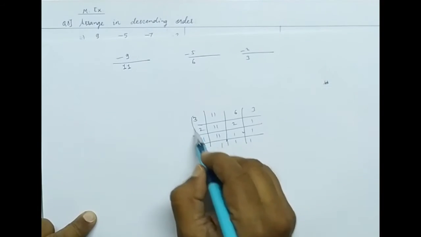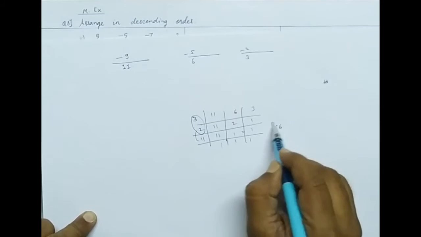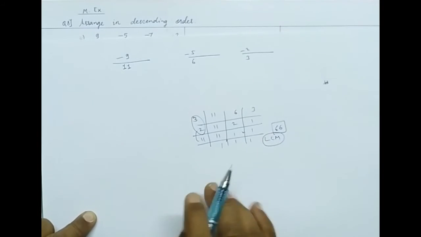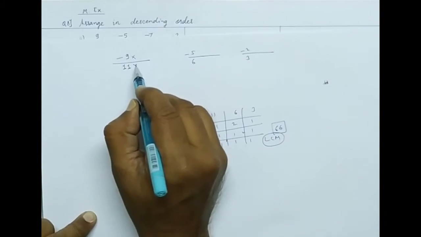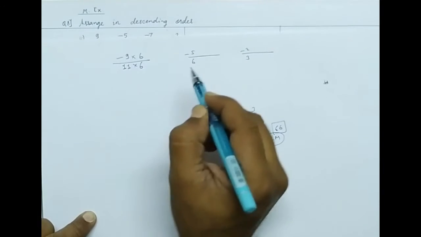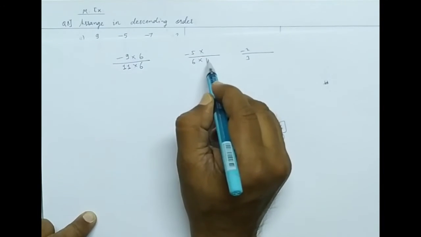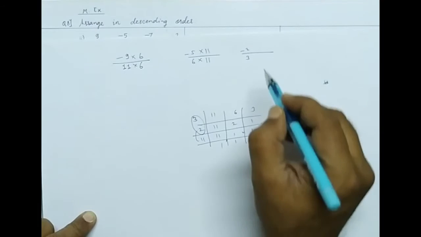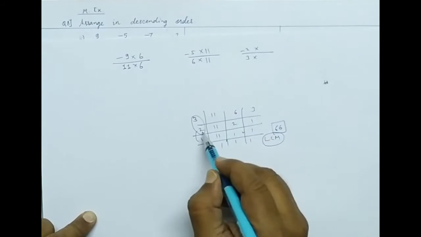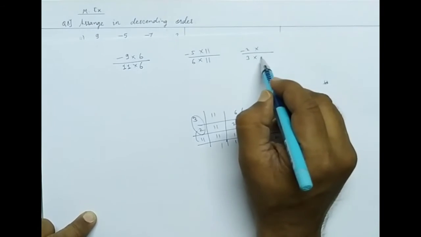So 11 into 6, 66 is the LCM. So if I multiply here by 6, this becomes 66. If I multiply this by 11, this becomes 66. Here I have to multiply this by 22.